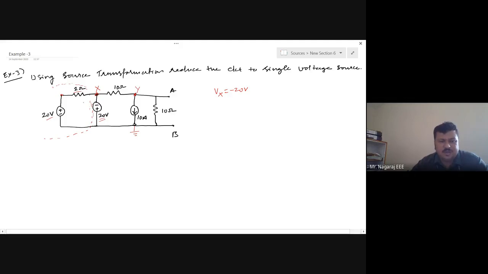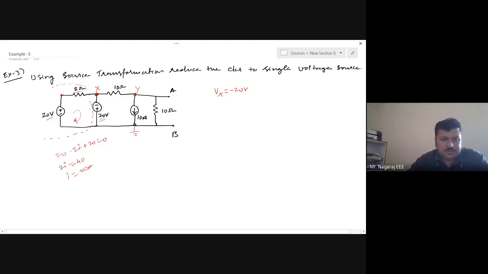Even if you apply KVL here, what will happen? If I apply it like this, 20 minus 2i plus 20 is equal to 0. So 2i is equal to 40, or i is equal to 20 amps.